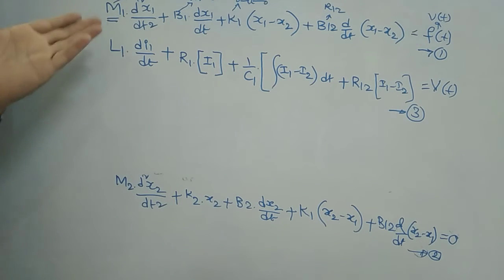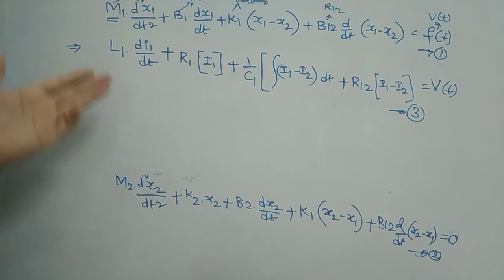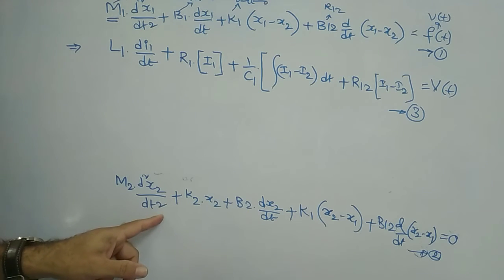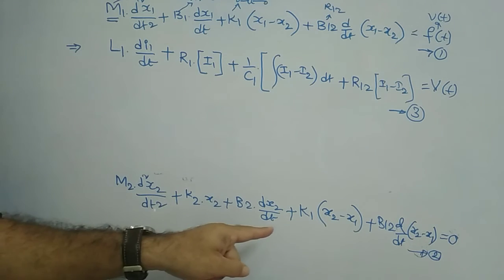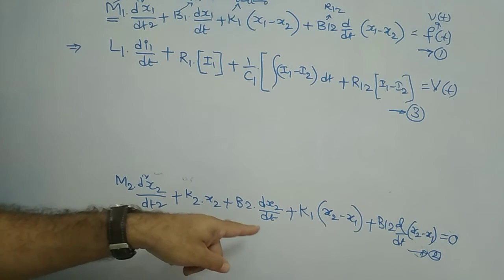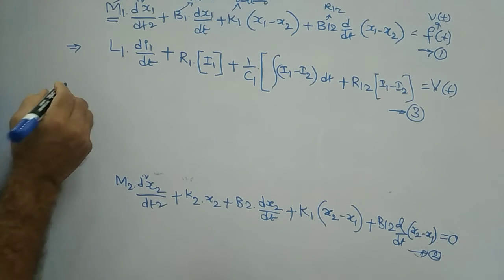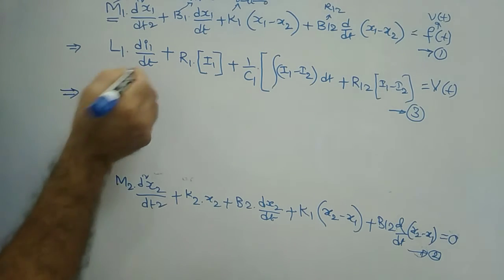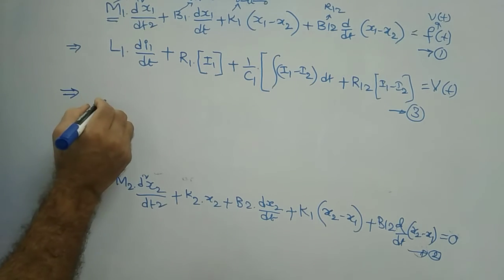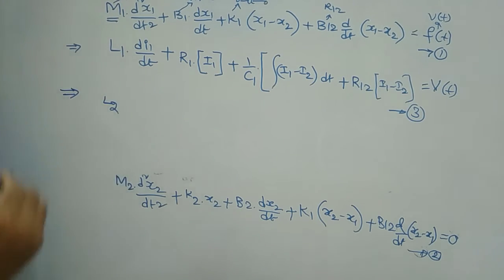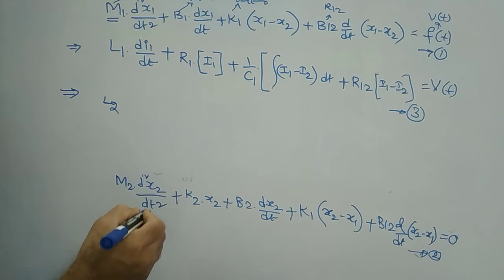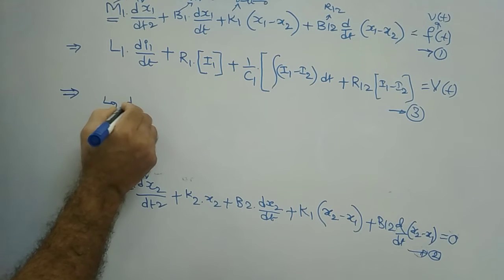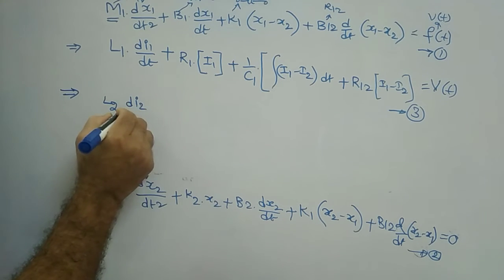And similarly, you apply that force voltage analogy to the second expression, the expression which we have derived from the second block, that is nothing but this one. If you apply the force voltage analogy for this equation number 2, then that becomes same as this actually. Now M2, what can you write for M2? M2 is nothing but your L2, d square x2 by dt square, nothing but dI2 by dt.